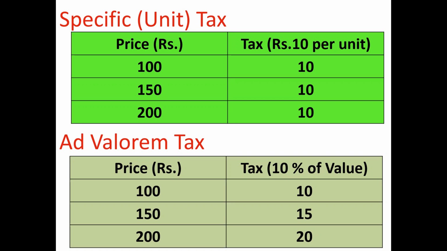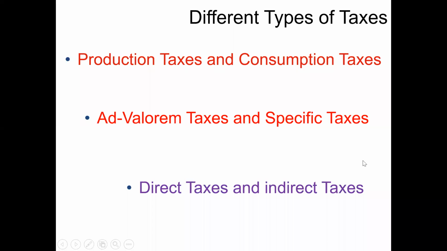That's how we can divide the tax, like ad valorem tax and specific tax. There's another method of classifying tax called direct taxes and indirect taxes.